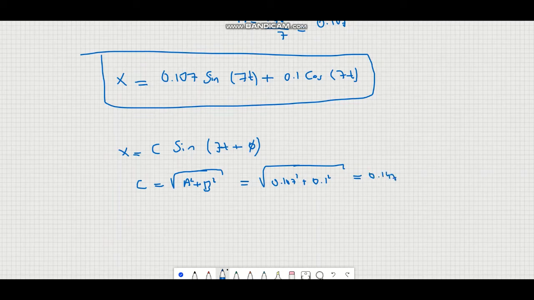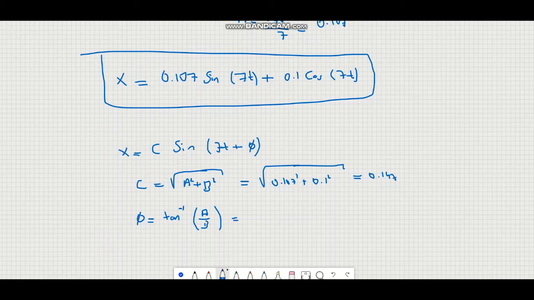So x is equal to 0.147, and phi is the arctangent, or inverse tangent, of A over B, as again we stated for the phase angle.